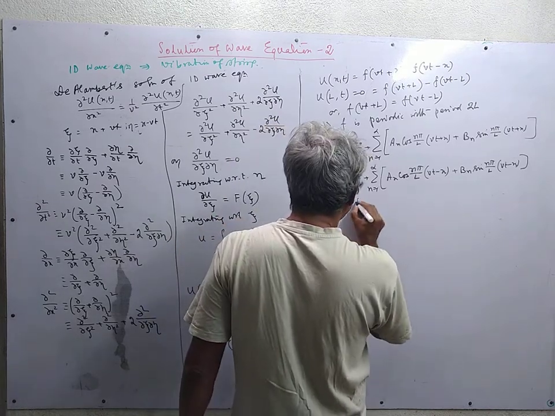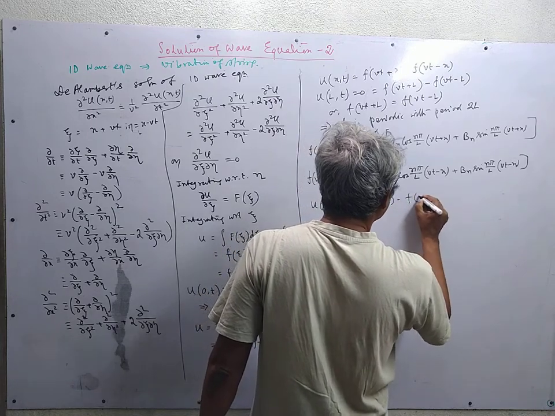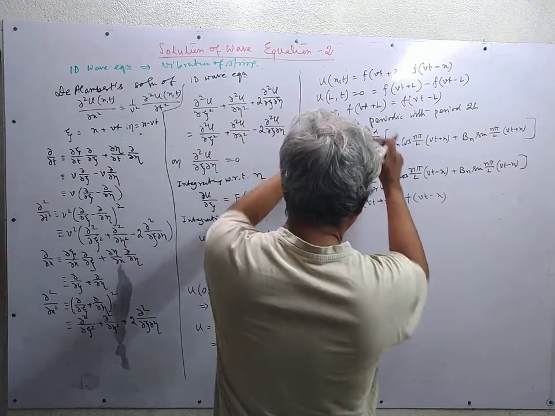So the solution u of x t is f of vt plus x minus f of vt minus x. So that is to say this minus this.